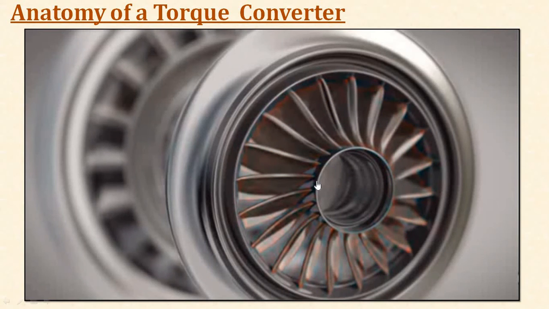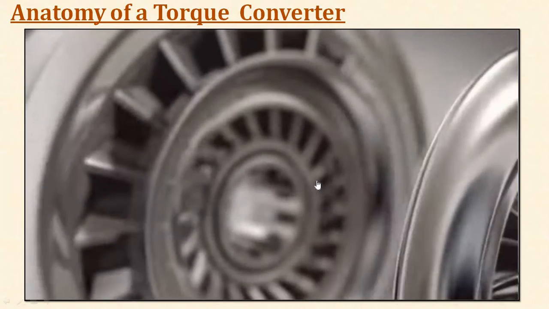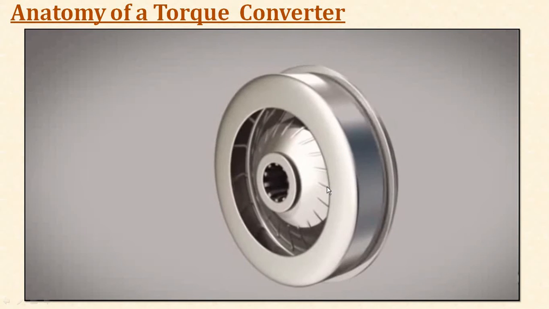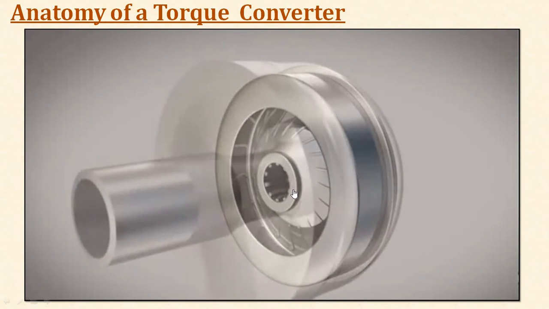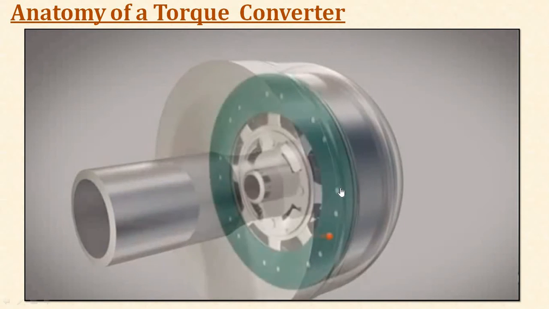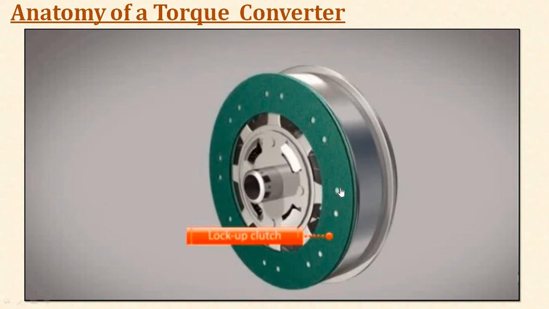The operation of the two, however, is not similar: whereas the fluid flywheel transmits the same torque given by the engine shaft, the converter increases the torque ratio to 2:1 and 3:1. It serves the same purpose as the gearbox.